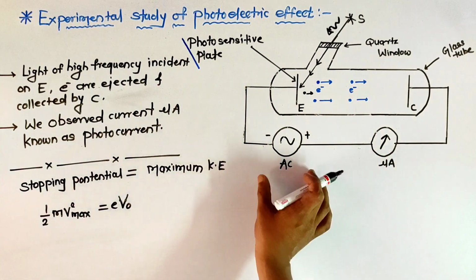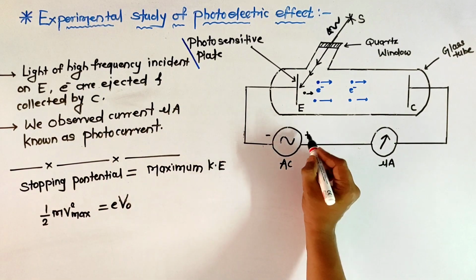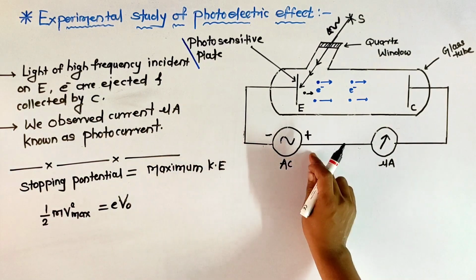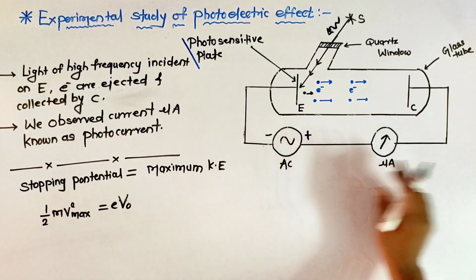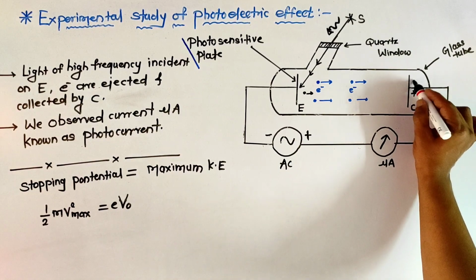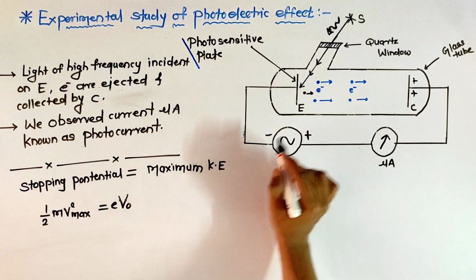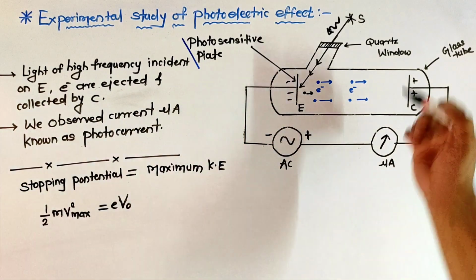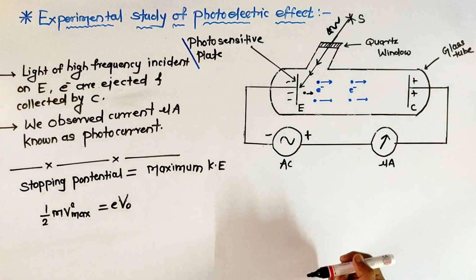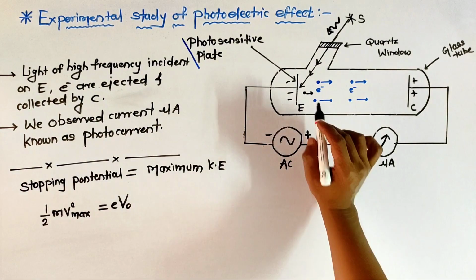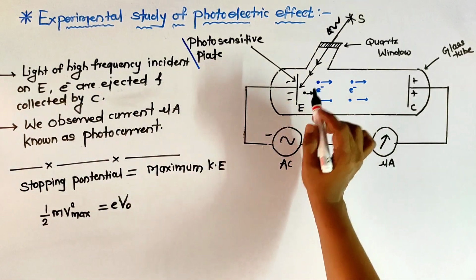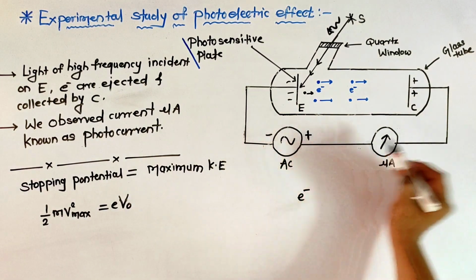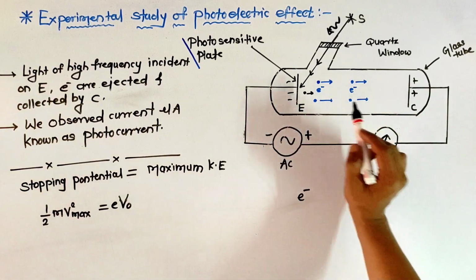Now you just see, this is my AC source. I am applying a positive charge here and a negative charge here. This positive charge is because the wire is connected to this plate, and the negative charge goes onto the emitter plate. As soon as light falls on the photosensitive plate, electrons are emitted. The charge of an electron is negative, and as soon as I give this positive charge to the collector plate, what happens?